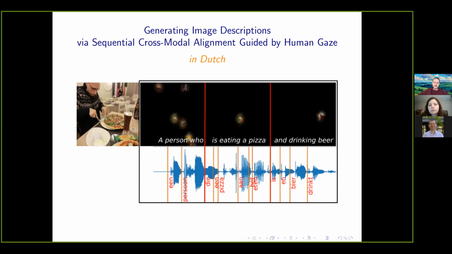Then we proposed the first models that use speaker-specific sequential gaze in the generation of image descriptions. We believe the results could be informative both for AI and for cognitive science. So it's an interesting case of using gaze in this task.